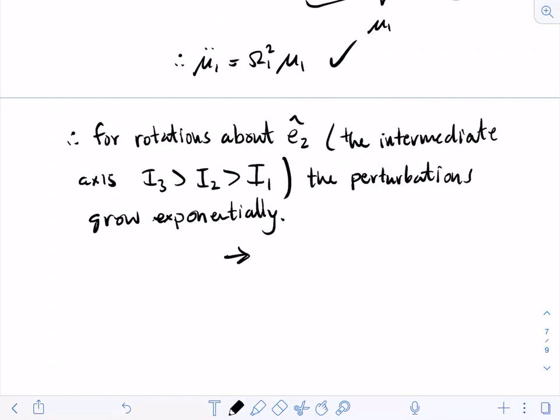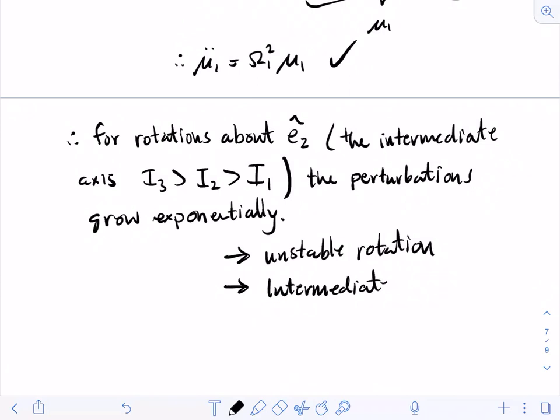And so this results in an unstable rotation. And so this is sometimes called, I don't think our book uses this term, but I think this is sometimes called the intermediate axis theorem.